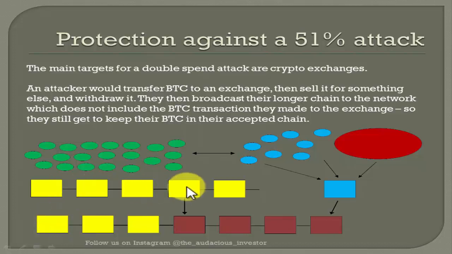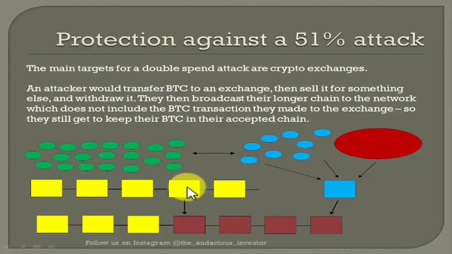So what they do is, from this block onwards, the nodes update it, they remove these 2 blocks and they update it with these 4 blocks on their ledger. And now in the system, on the ledger, because his chain is what's used by the network as the most valid one, and it's what is used to update the ledger with, it now says that those Bitcoins are in his wallet.